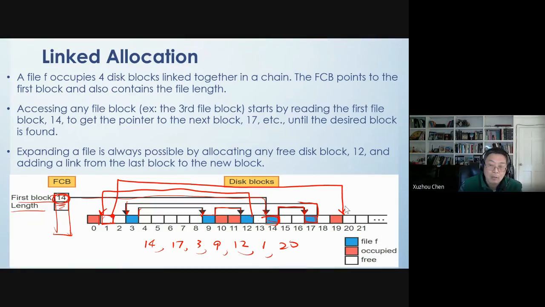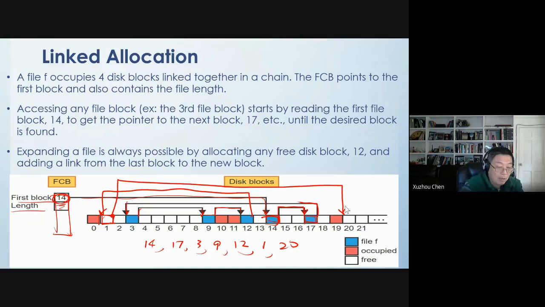Okay, because the next block is pointed to by the previous block. So you have to actually start from the beginning and then follow the link, and you find the location.